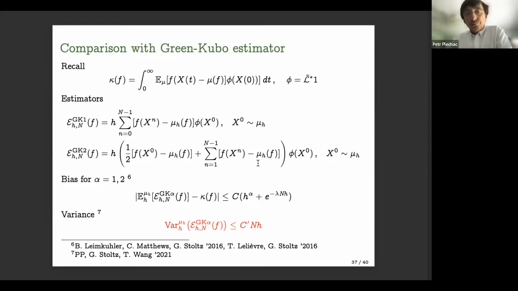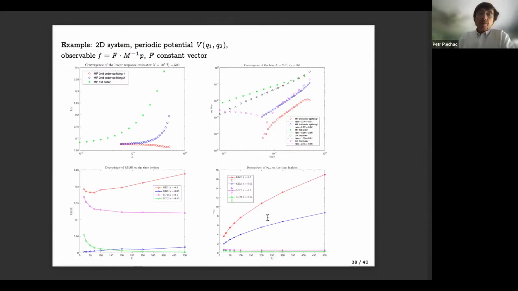So in principle, our estimator can be much more efficient. Of course, that depends on a particular observable and the rate of decay of these correlations, because that allows us to truncate this infinite time horizon integration here. So in some cases, we get a gain in terms of controlling the statistical error in these estimators.